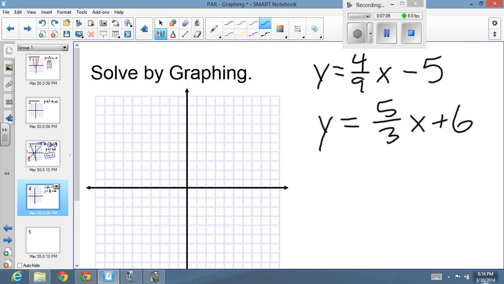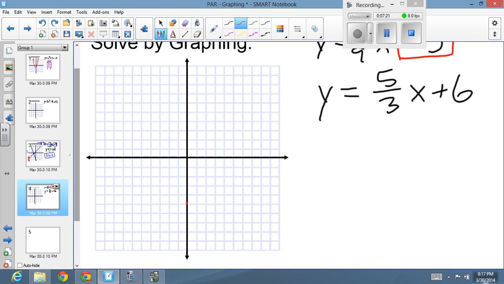Okay, one more of those. Y-intercept of -5, that's down 5. Slope of 4/9, so that's either +4 over +9, or don't forget that -4 over -9 would be the same thing, because a negative divided by a negative is a positive.